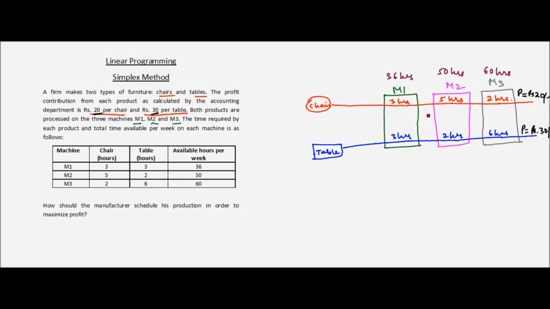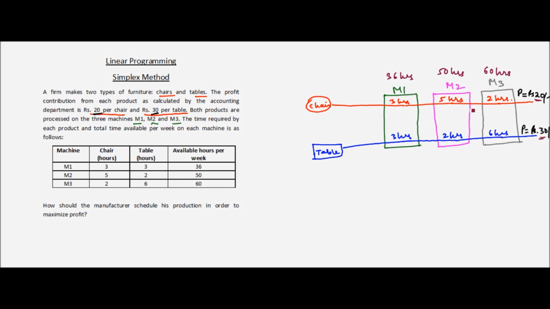So as you can see, we have different profitability numbers for the two types of furniture, different hours required by chair and table on each of these machines, and different availability hours for each machine.